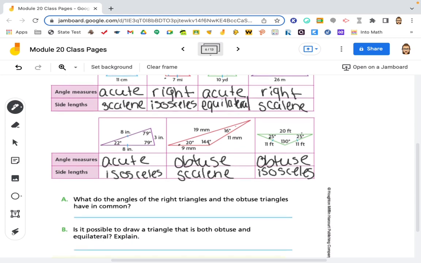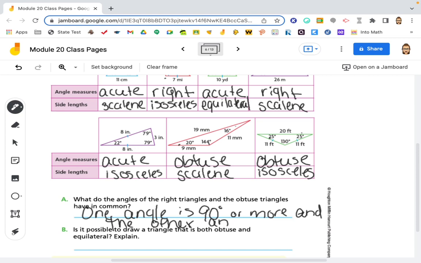So one angle is 90 degrees or more, and the other angles are acute.